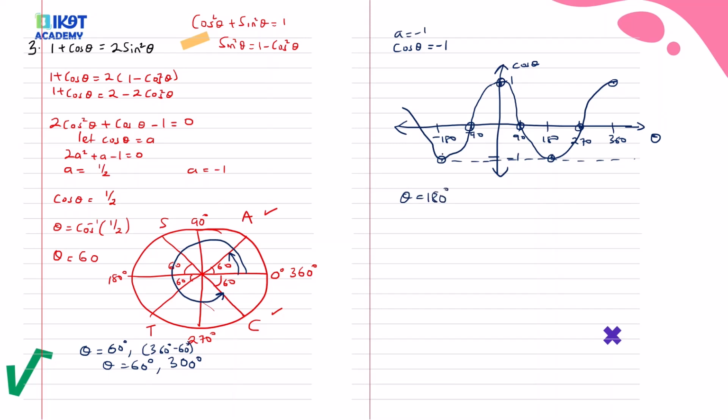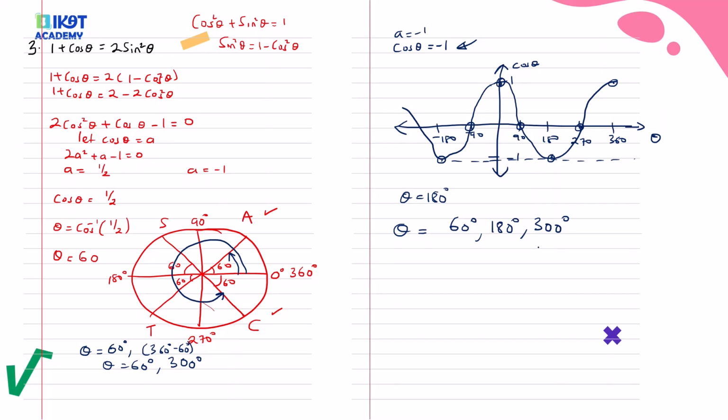Theta would also have been negative 180 if my range was going into negatives, but I don't need that. But I can even try and see what is cos of 180. It's negative 1, so it fulfills this. So I now just come and quote my values of theta. Theta is 60, usually written in ascending order, 180 degrees and 300 degrees. So we solved for theta.